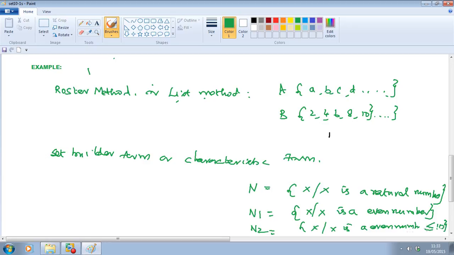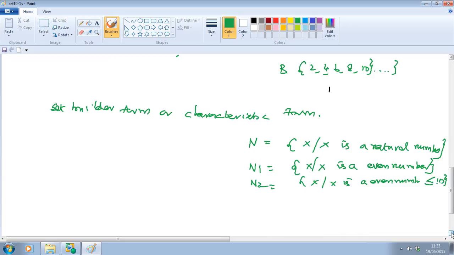We can put some condition. So for the characteristic, we are telling it is a set of x, if we are able to define x exactly. One more example I'll give you.